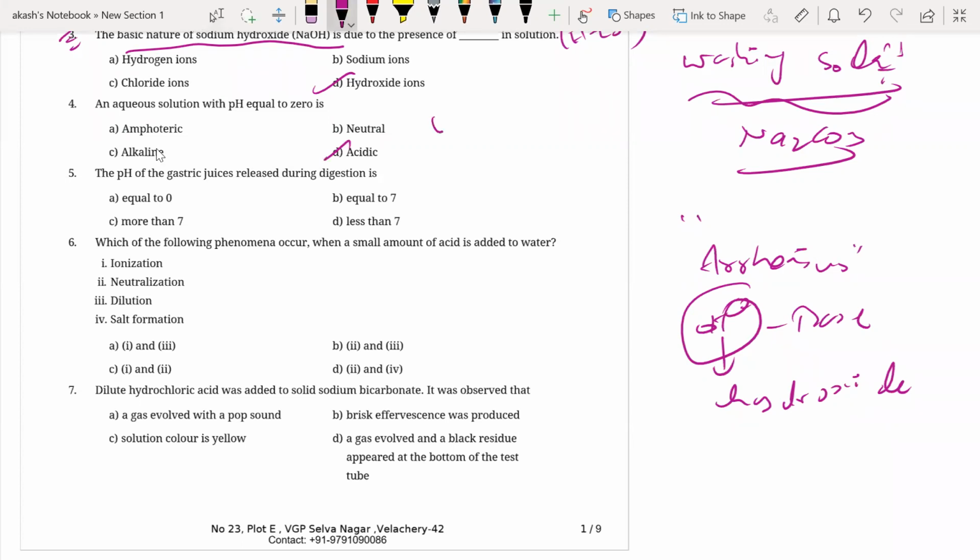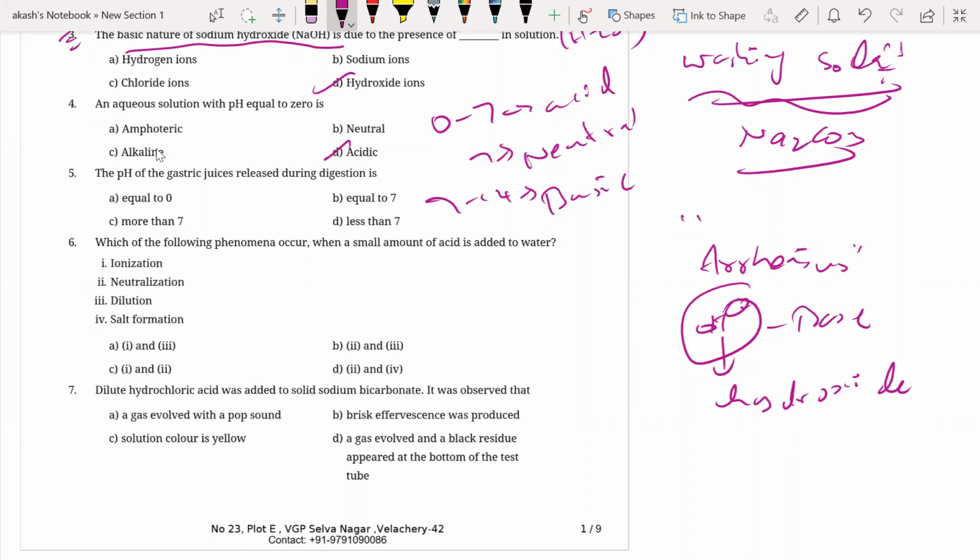Correct. Because 0 to 7, it is acidic. At 7, it is neutral, and 7 to 14, it is basic. This is how we understood pH. On the pH scale, 0 to 7 is acidic, at exactly 7 it is neutral, and from 7 to 14 it becomes basic.